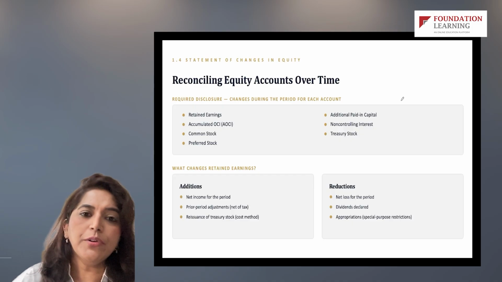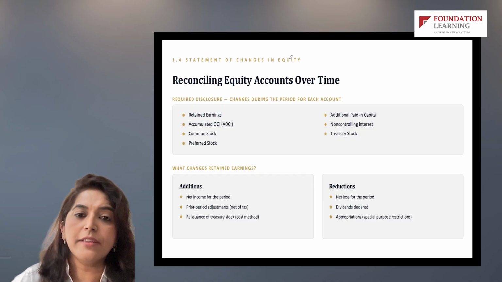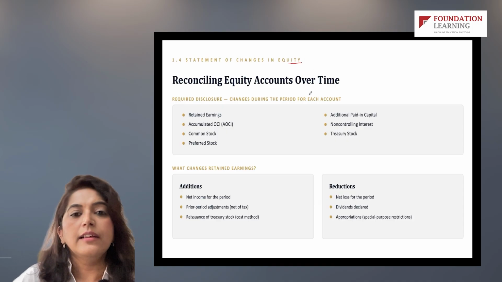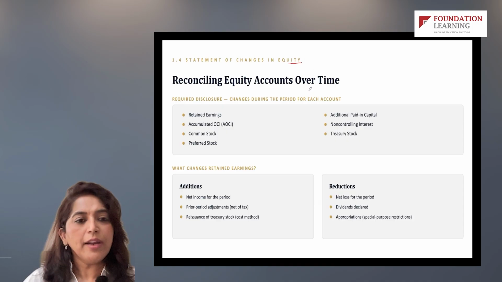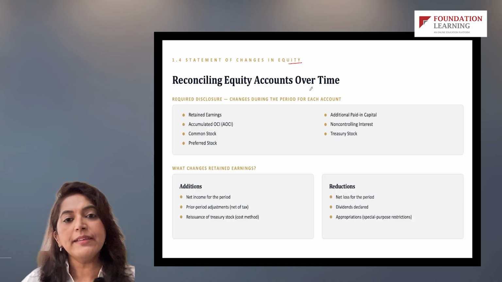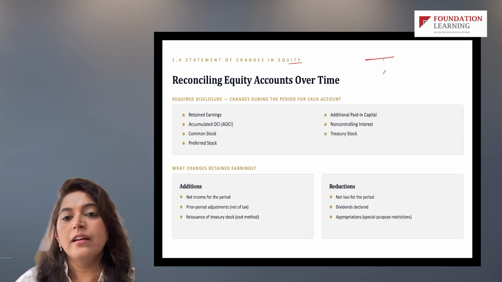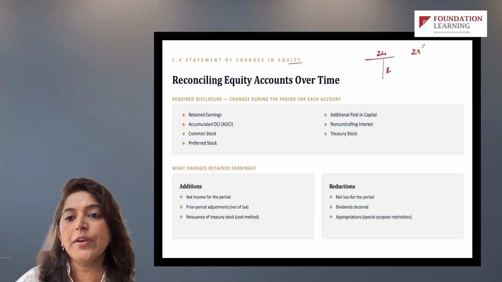Moving forward to the statement of changes in equity. Now this is a very simple statement. What we are doing here is mapping the changes in opening equity of last year, let's say from 2024 to 2025.